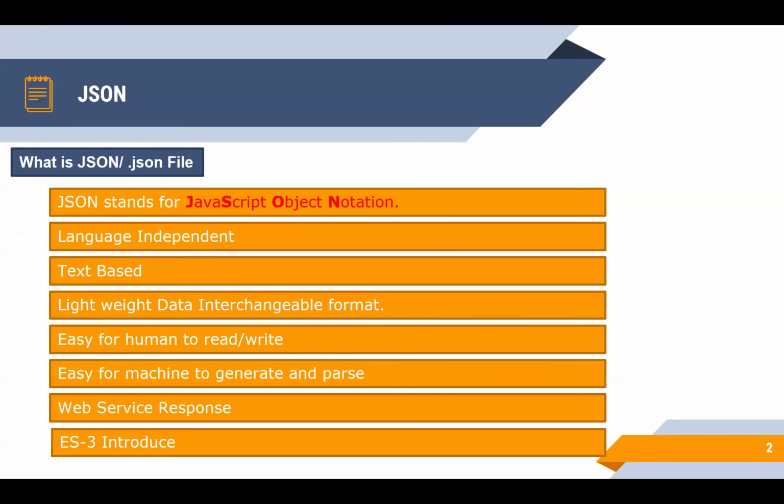Easy for humans to read and write. We can easily read, we can easily write. Easy for machines to generate and parse. You just saw the functions JSON.parse and JSON.stringify. Web service response. What is the meaning of this?